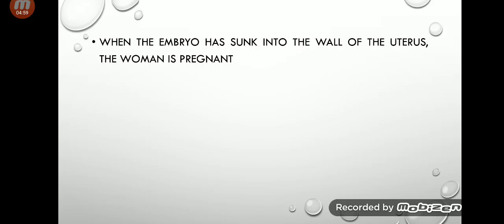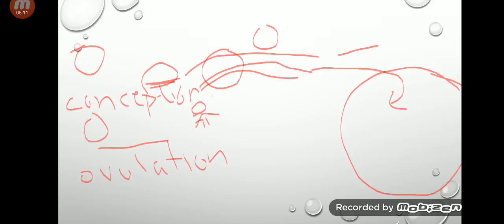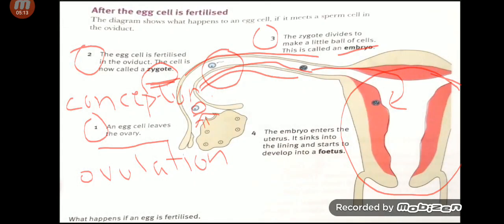When the embryo has sunk into the wall of the uterus, the woman is pregnant. So there is a difference between conception and pregnancy. Here, the second point is called conception, when a zygote is formed.